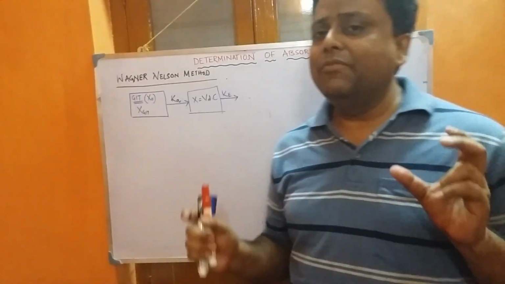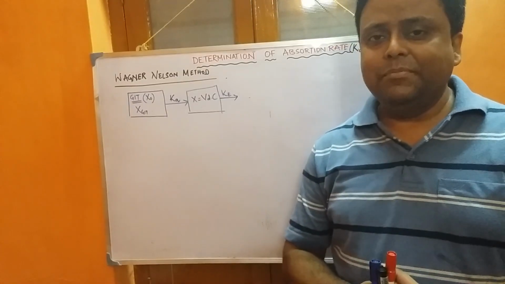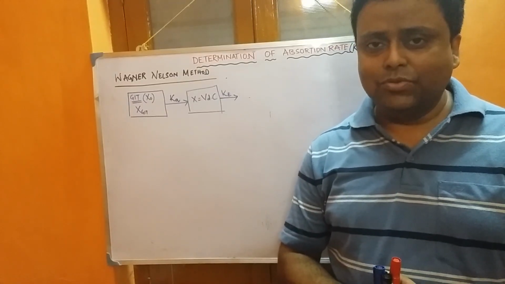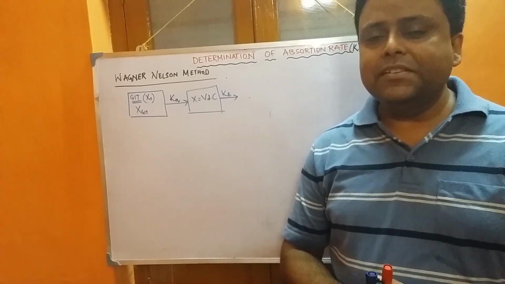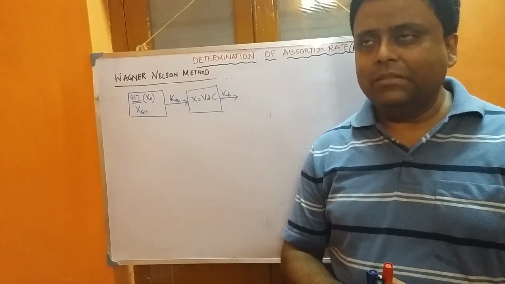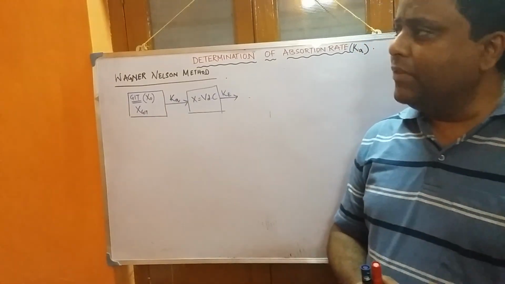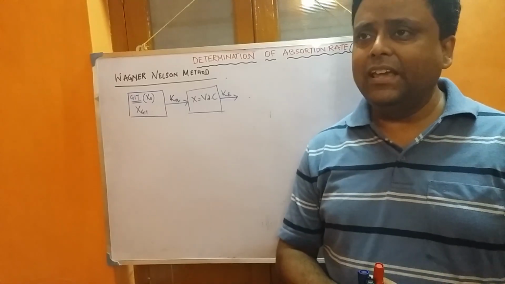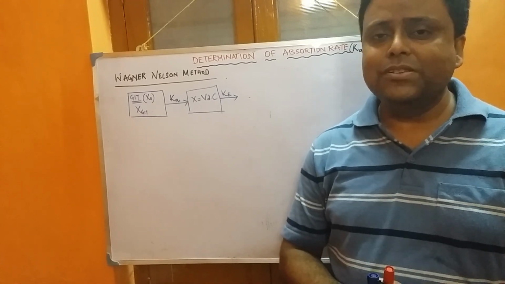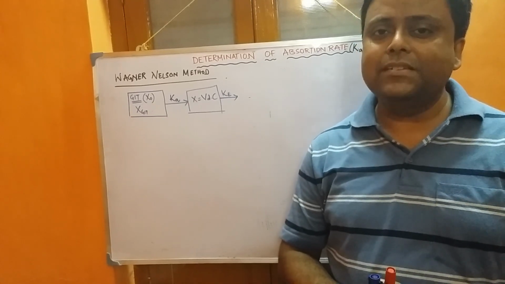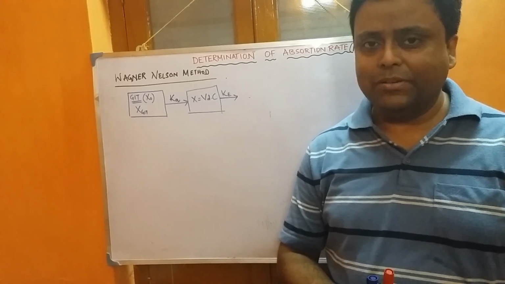There is a slight difference between the Wagner-Nelson method and the method of residual. In the method of residual, number one, it is a graphical method. Number two, we make some assumptions. Firstly, we assume that the absorption rate process is very fast in comparison to the elimination rate process.